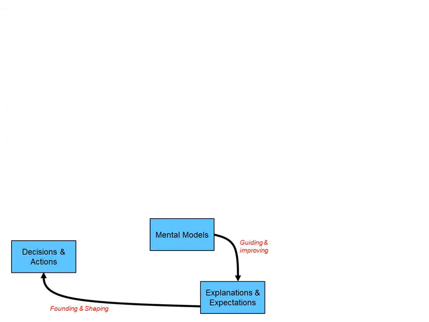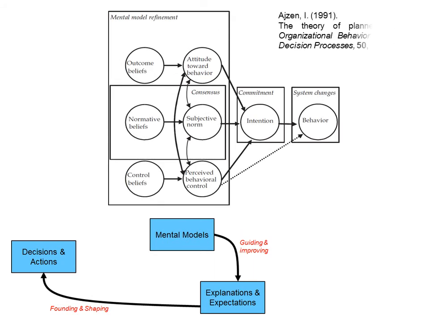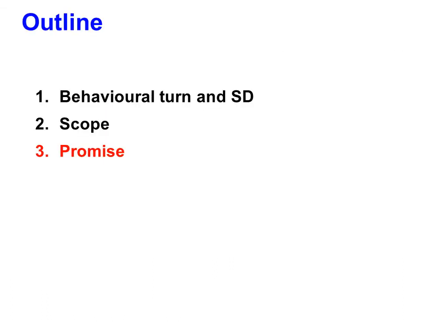And when it comes to mental models, Etienne observed that Ajzen's theory of planned behaviour can be a really useful thing to apply to the process by which mental models are used to create decisions and actions. The more we thought about this, the more we thought that there was a great range of behavioural effects that we could refer to. So what does behavioural system dynamics give us?